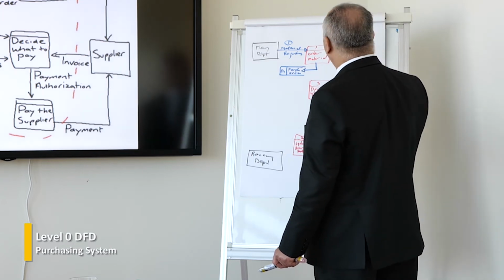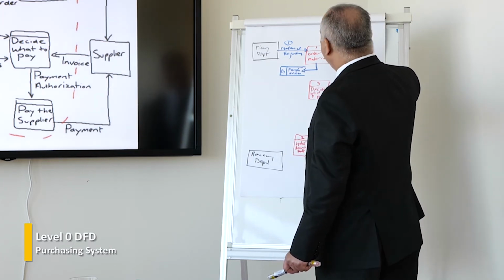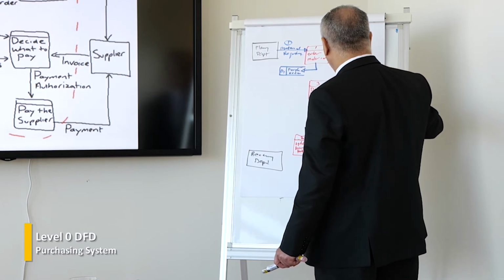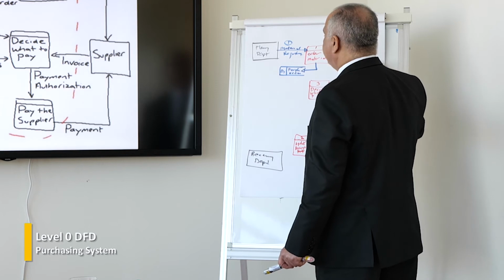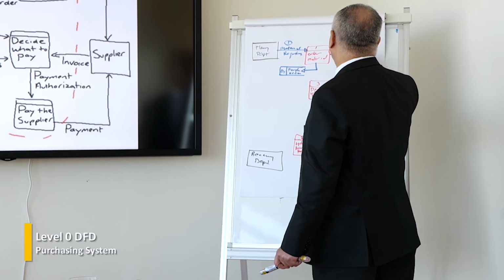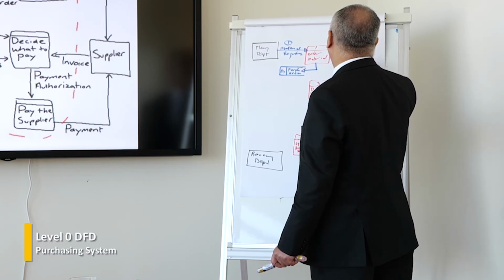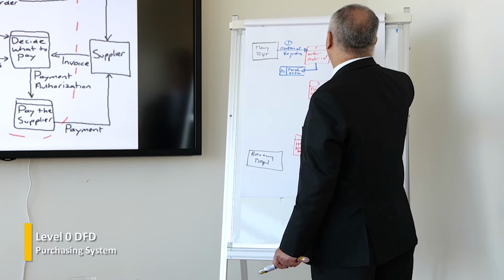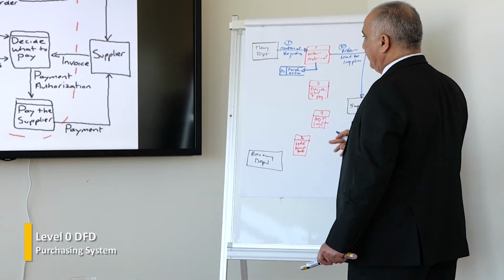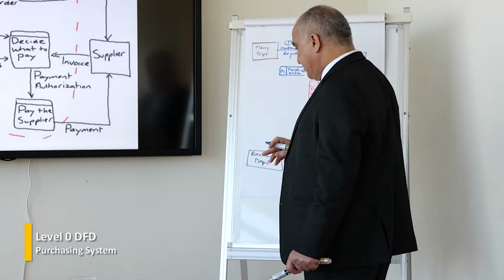Now, this purchase order needs to be sent to where? To number 2: send the order, order sent to the supplier. That's task number 2. So the supplier will get the order. Now let's see what is going to happen.